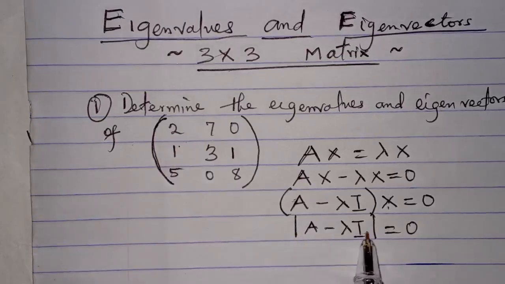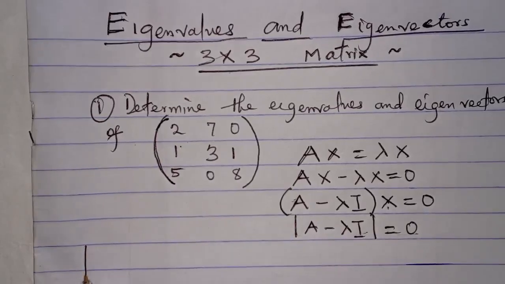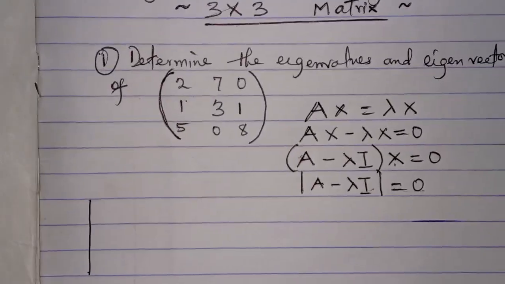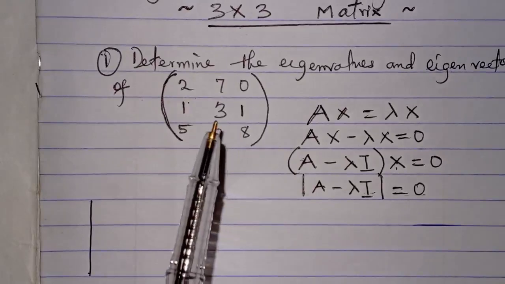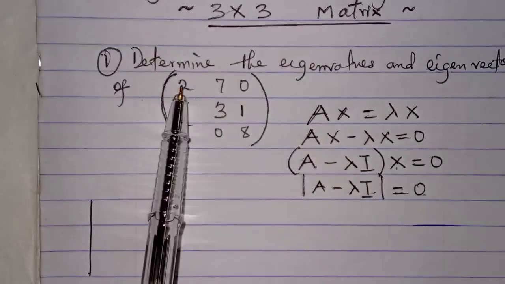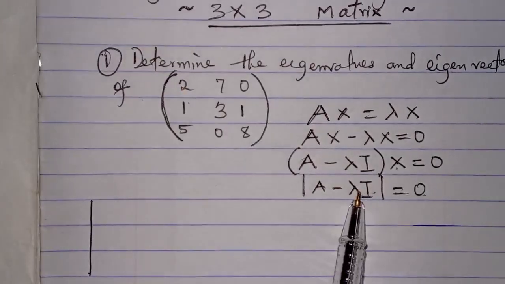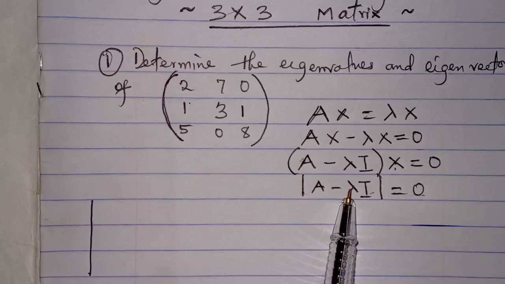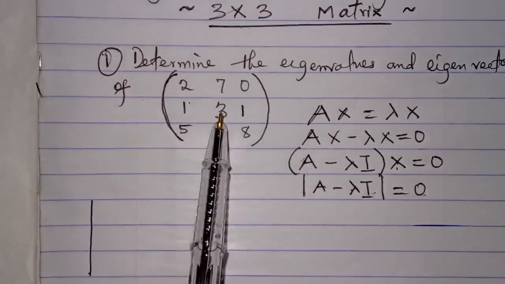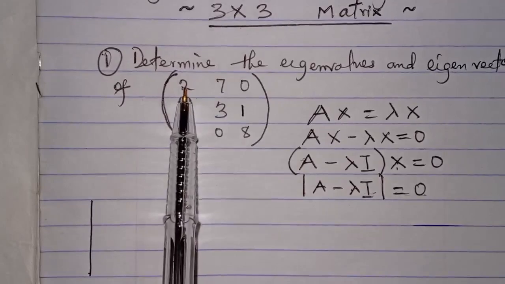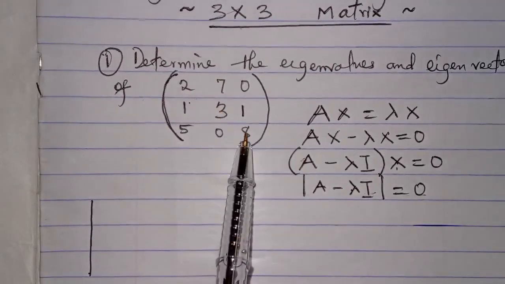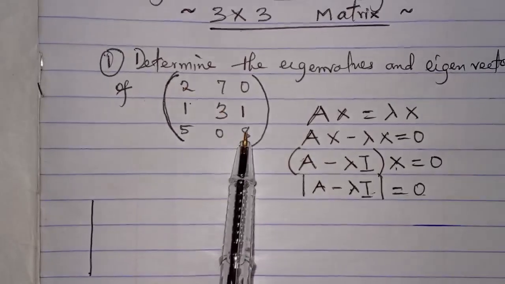So I'm going straight now to determine this characteristic equation. The determinant of this, here is how to do it in a very simple way. I'll subtract lambda from the numbers on the principal diagonal. These are the elements on the principal diagonal, 2, 3, and 8.